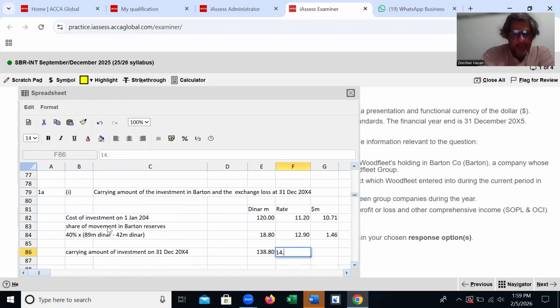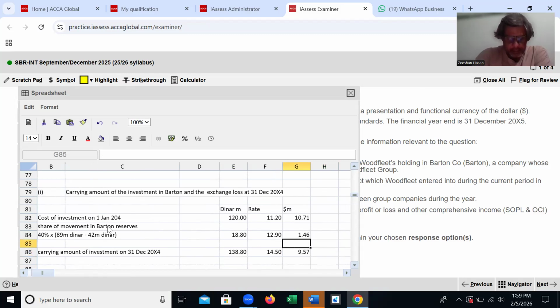The average rate is given 14.5. Carrying amount on 31st December is given 9.57.